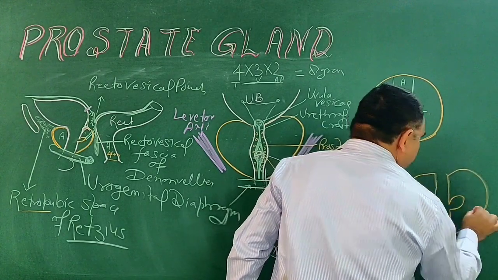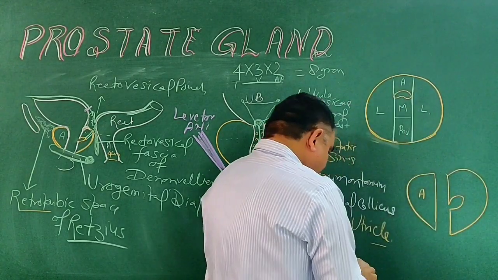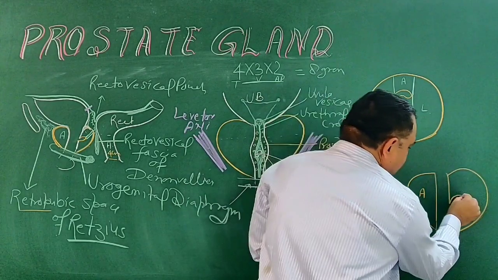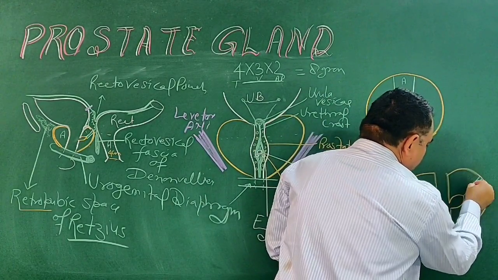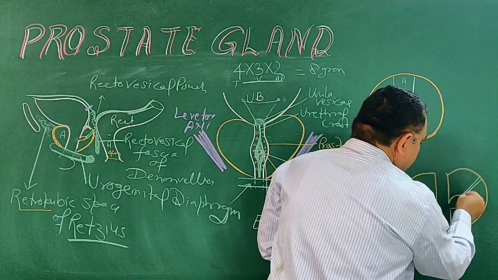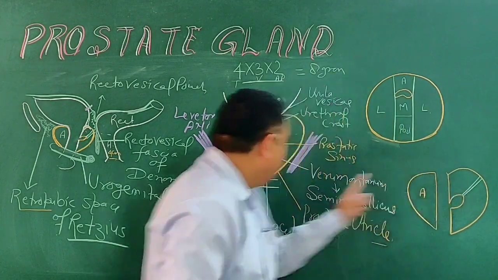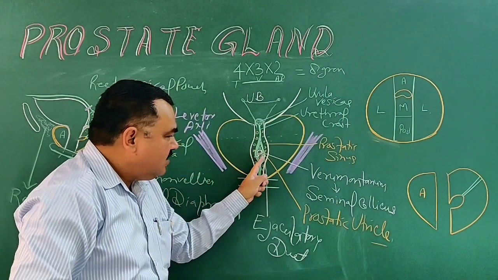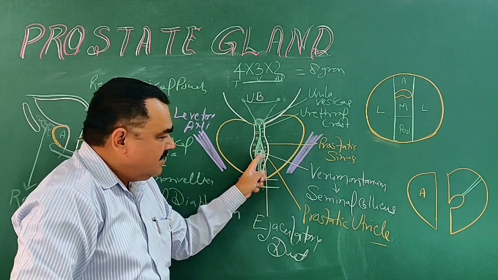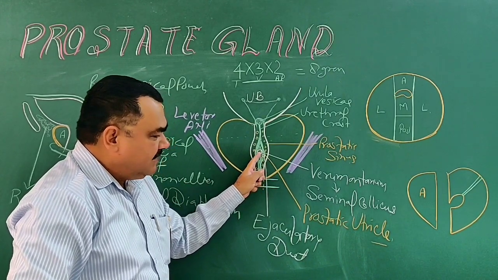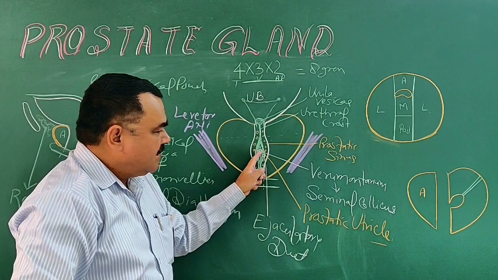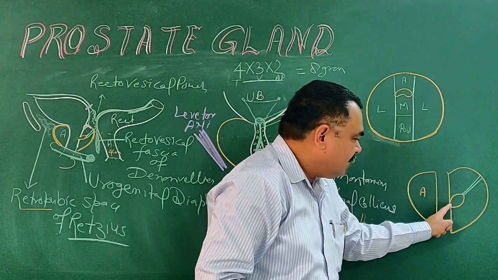This is the anterior lobe, and here is the position of the ejaculatory duct. This ejaculatory duct opens here on either side of the prostatic utricle. This is the opening of the prostatic utricle.